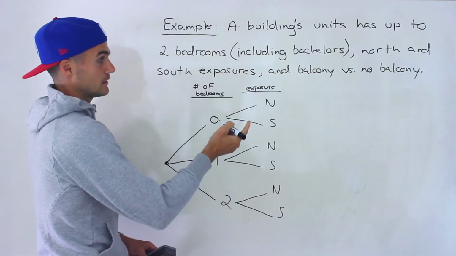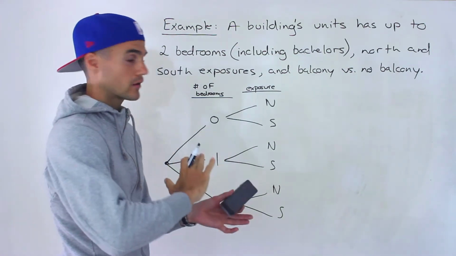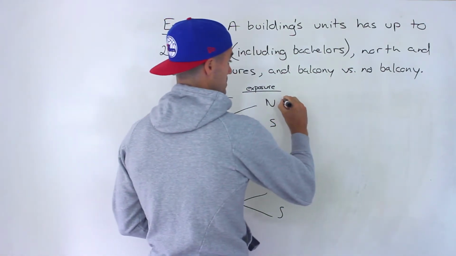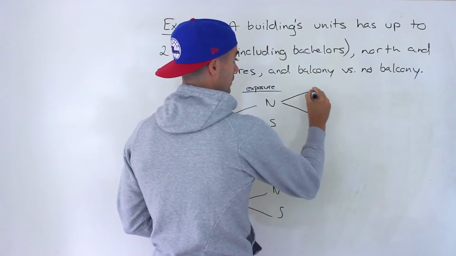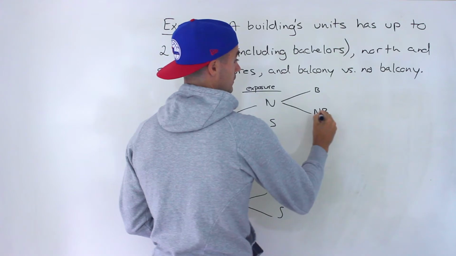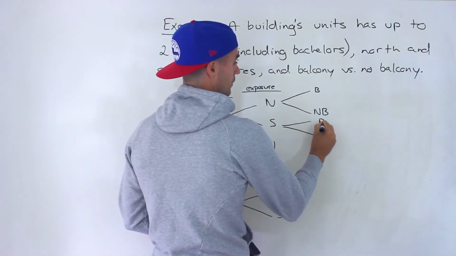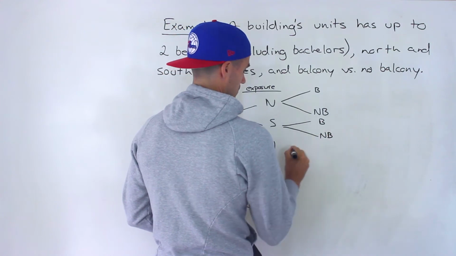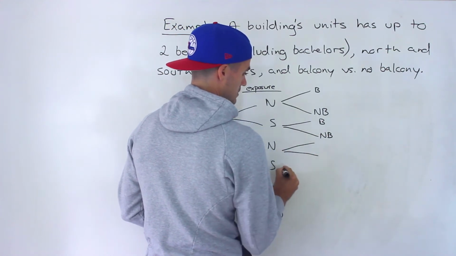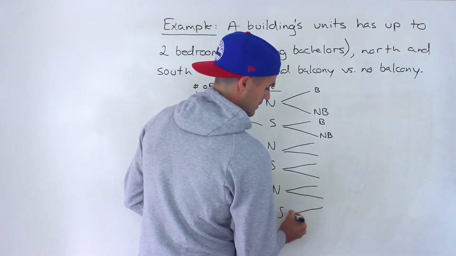And then finally, out of all of these possibilities, we're either going to have a balcony or no balcony. So we'll call it a balcony or no balcony. And same thing here, same thing here, same thing here, and then same thing here.